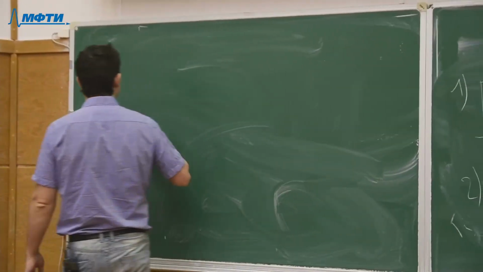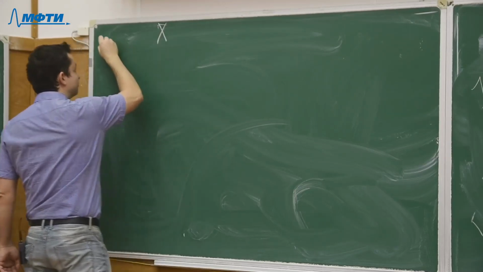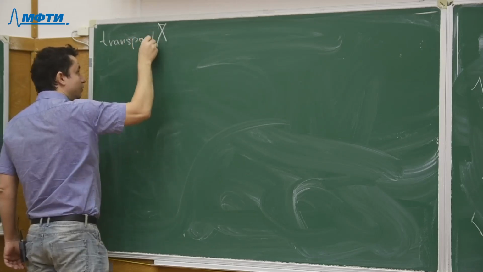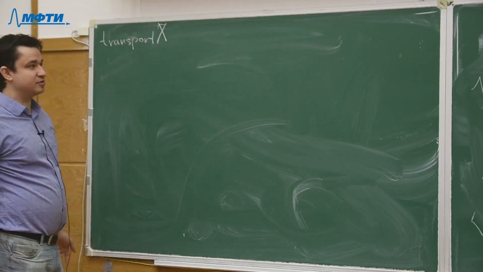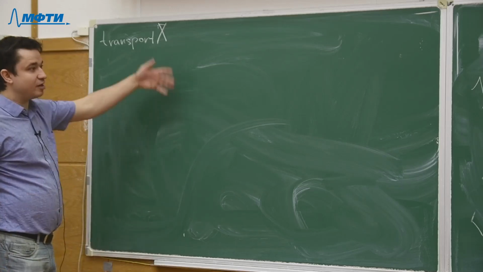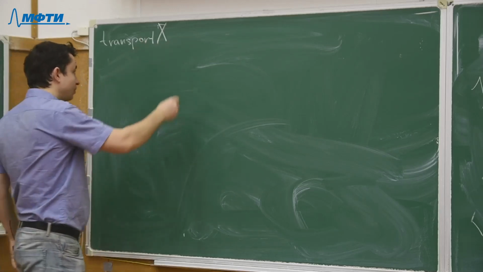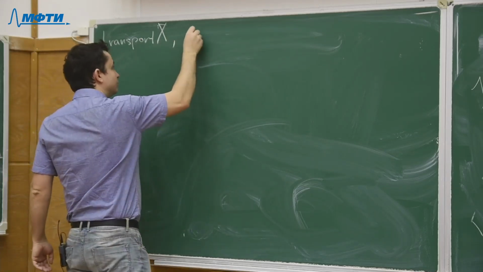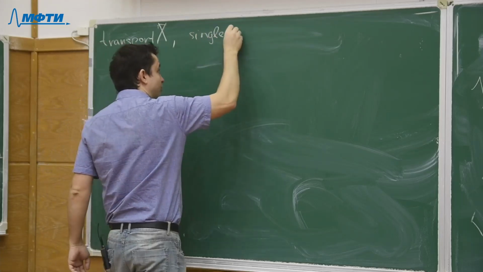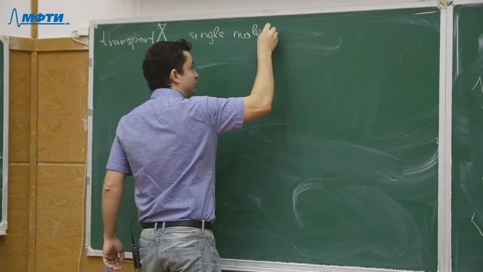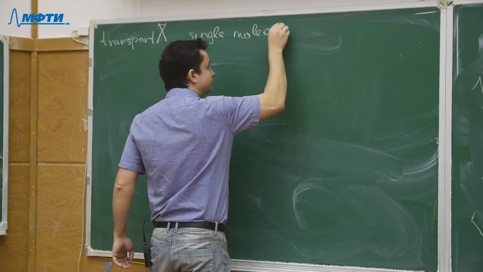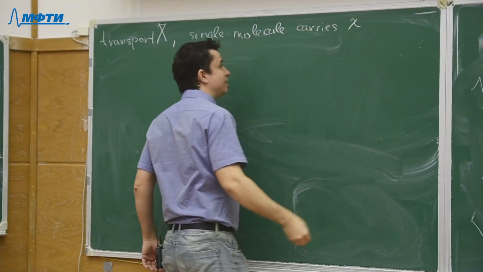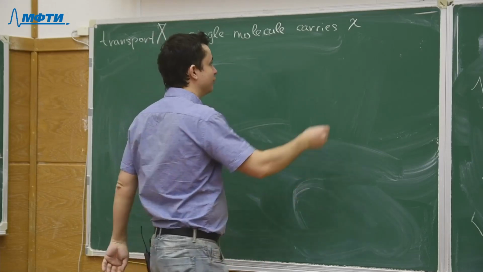So let's assume that we want to consider transfer, or transport, of some macroscopic property X, like for example energy, momentum, or actually the number of particles. And we assume that a single particle, a single molecule, carries small x of this.